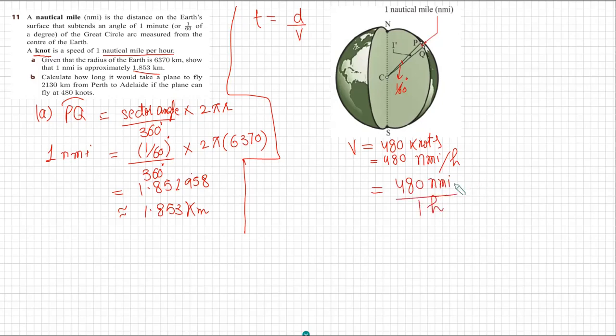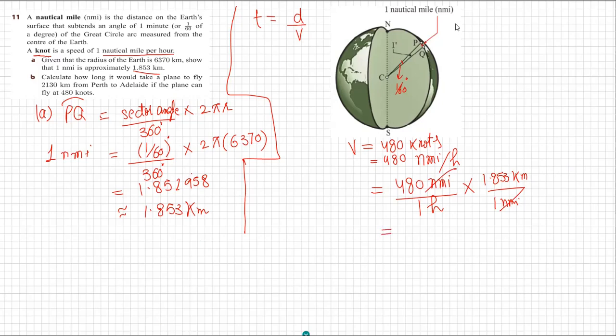So converting this nautical mile to kilometers: how many kilometers in 1 nautical mile? It's 1.853 kilometers. I'm writing 1 nautical mile and here the kilometers will be 1.853. So the nautical mile cancels and we're left with only kilometers per hour.